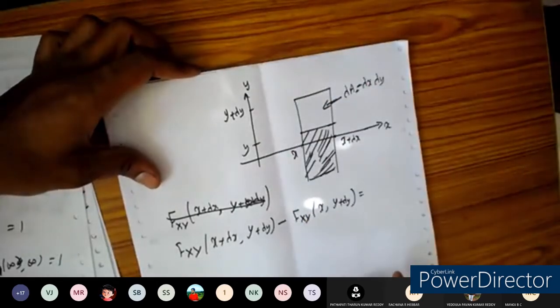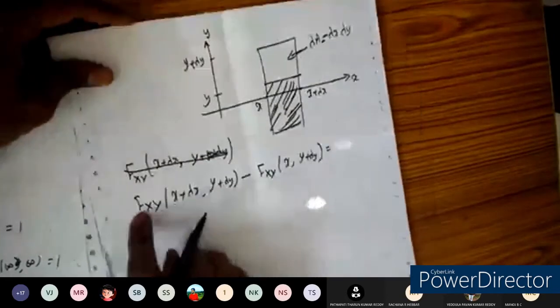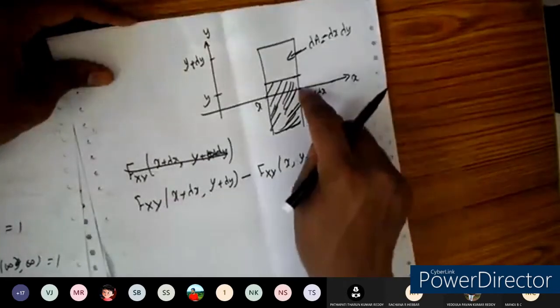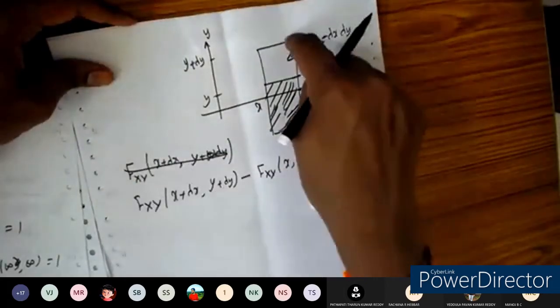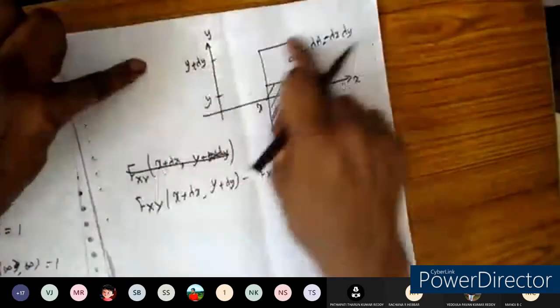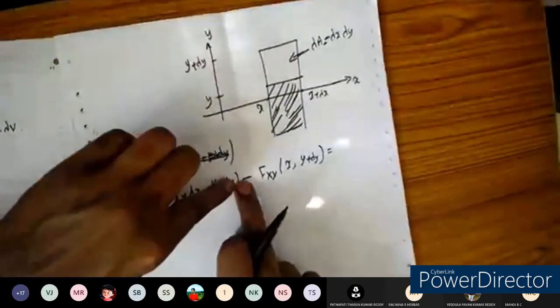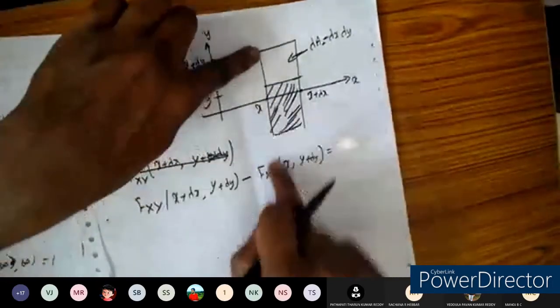Using this expression, f(x, y) of x plus dx and y plus dy, from here to this part, means this entire area we are going to find. That you subtract with x plus dx and y plus dy here.